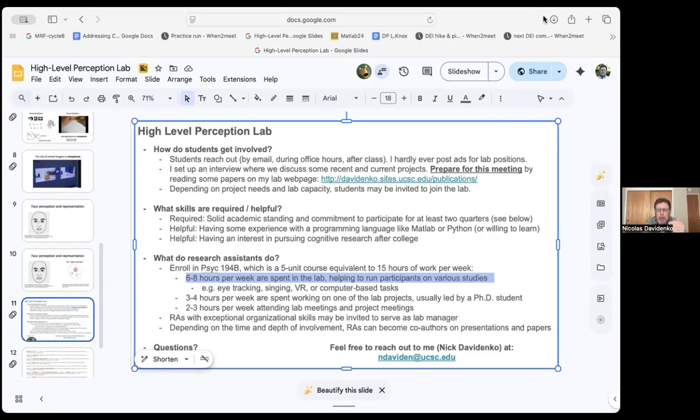That grows over time as the RA spends more time in the lab. They can come in open to multiple projects, and then over time they become more involved in one, go to those group meetings, and contribute by reading papers, summarizing, entering or coding data, or whatever the project might need. Does that answer your question?